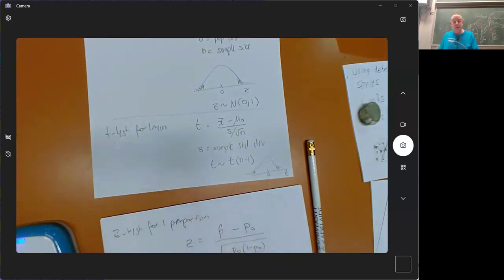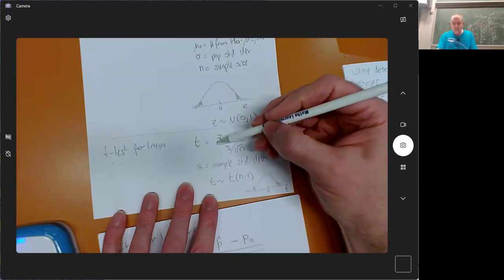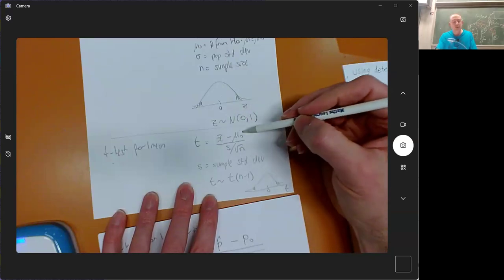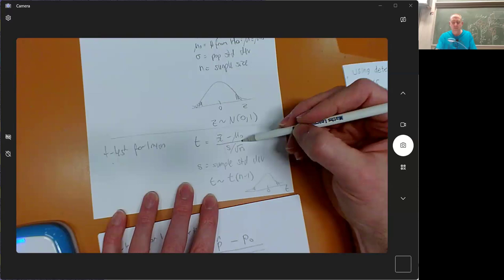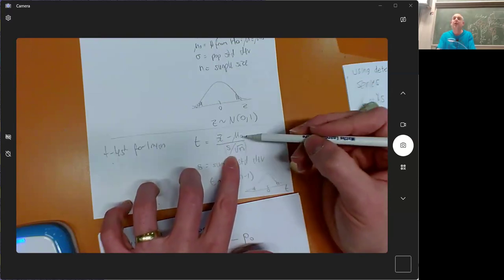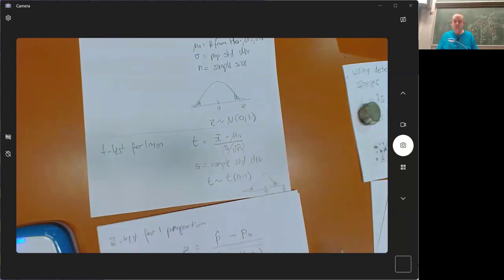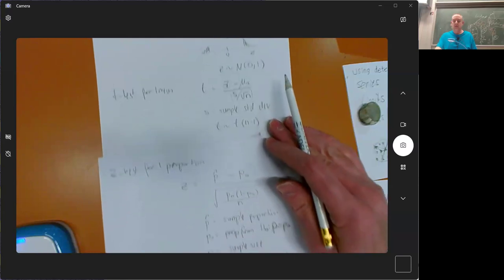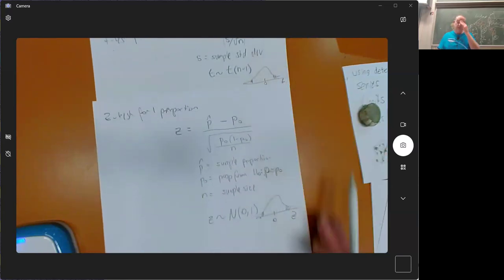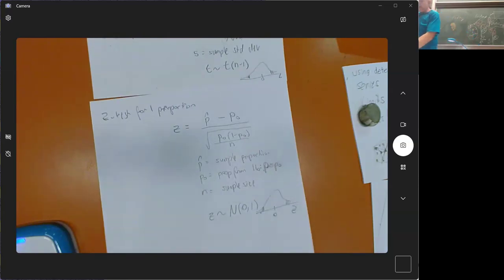It's still the same thing: estimate minus thing from the null hypothesis, divided by standard error. Once you get to the p-value, the response is always the same.